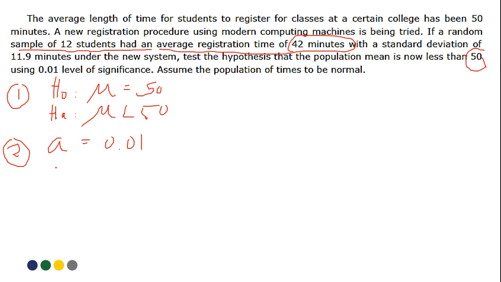It is directional because of the words less than, meaning the hypothesis test is one-tailed. And what is the test statistic? T-test. Since it is one-tailed, it is directional.